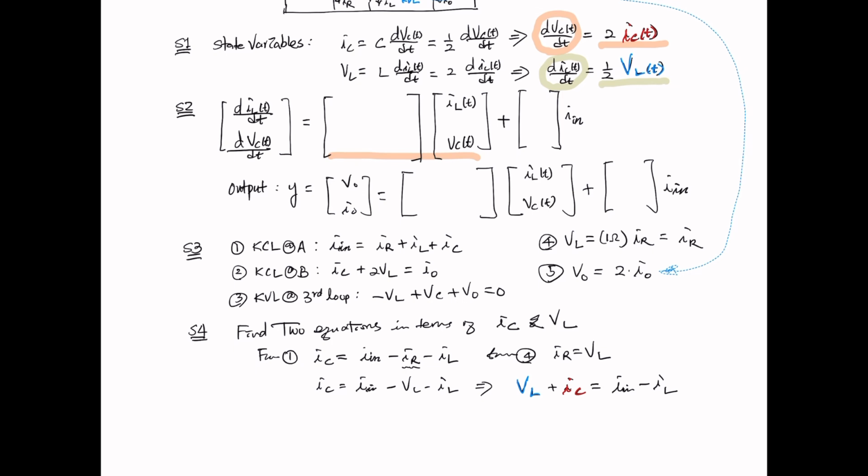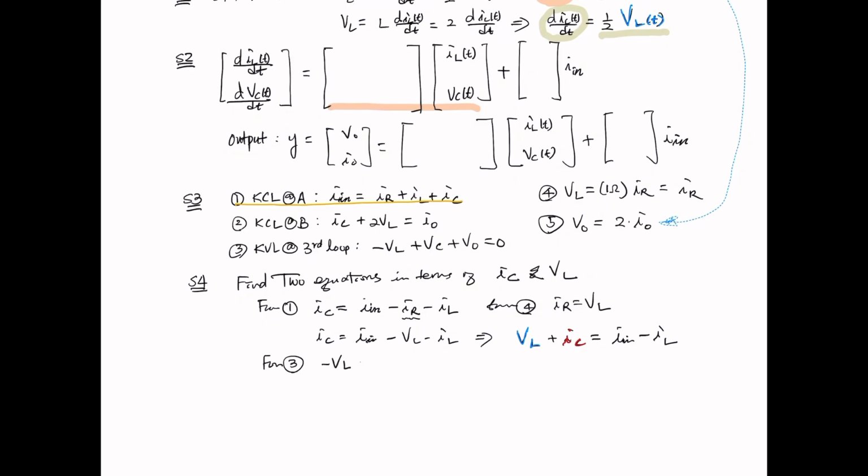So the second equation from 3, we have negative VL plus VC plus V out equals 0. We need VL and VC, but we don't need V out. So from 5, it says V out equals 2I naught, then negative VL plus VC plus 2I naught equals 0.